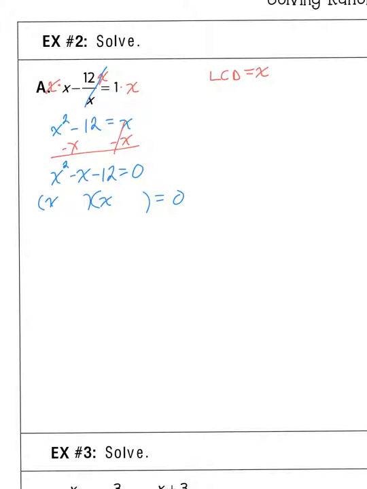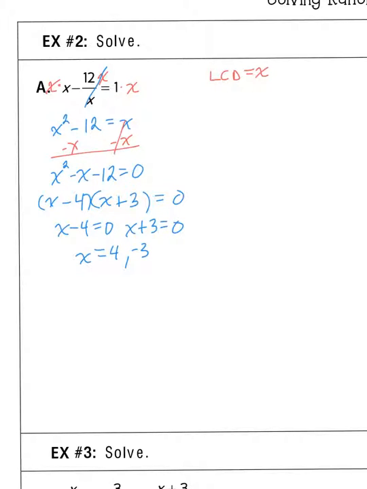So the factors of 12 that subtract to give you 1 would be minus 4 and positive 3. So when you set x minus 4 equal to 0 and x plus 3 equal to 0, you get x is equal to 4 and negative 3. So then we have to check. Our only restriction is that x cannot be 0. So neither one of these are 0.